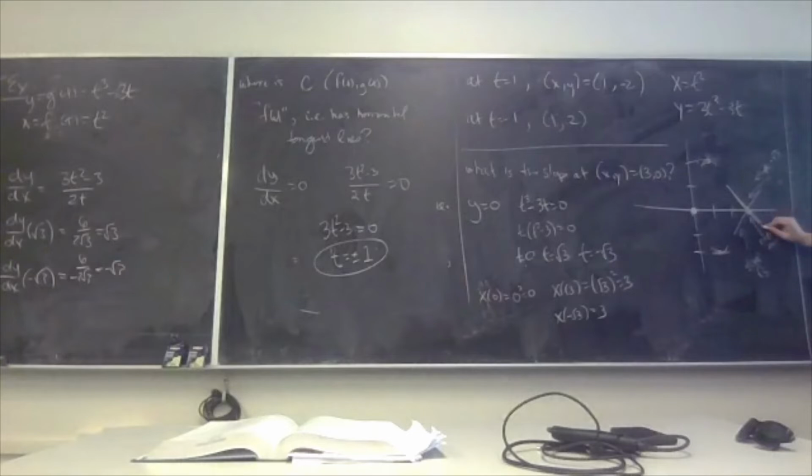I come into the point on the negative slope line, I cross over, and I touch this point up here. What was the t value for that point? It was minus 1. That point was located at minus root 3. This point was located at t is equal to minus 1. When time was equal to 0, I was at (0, 0).